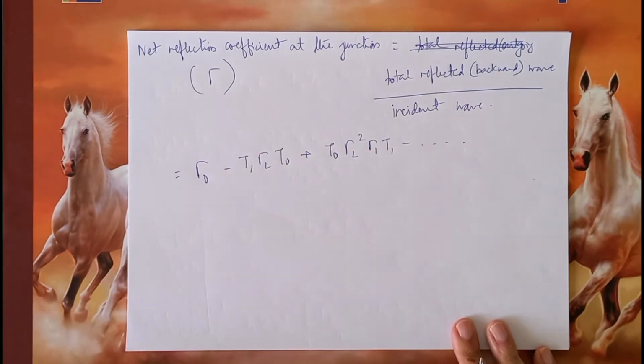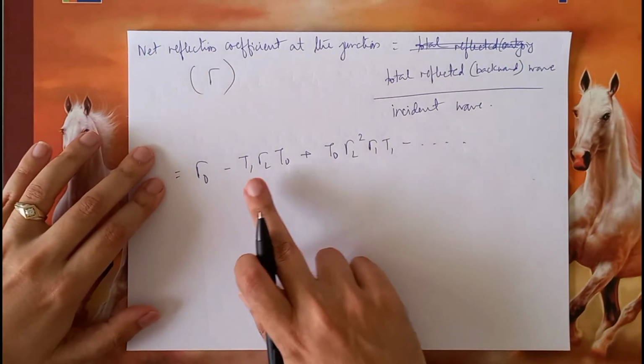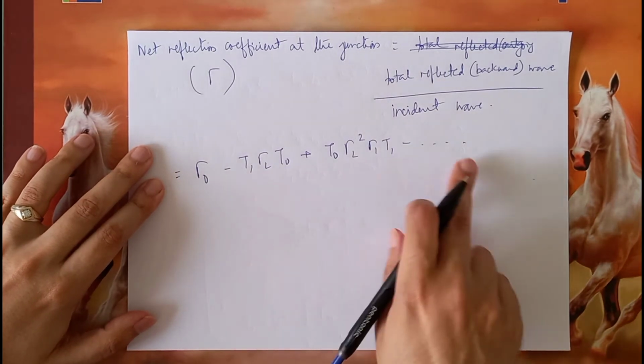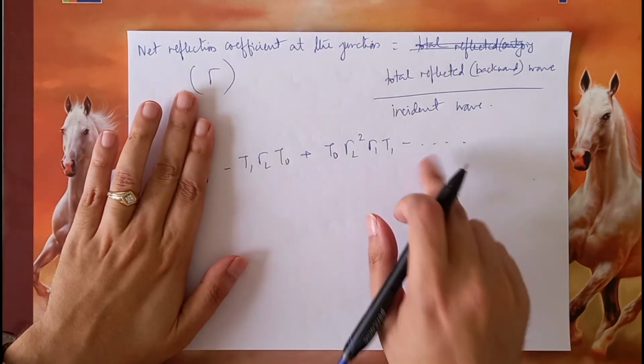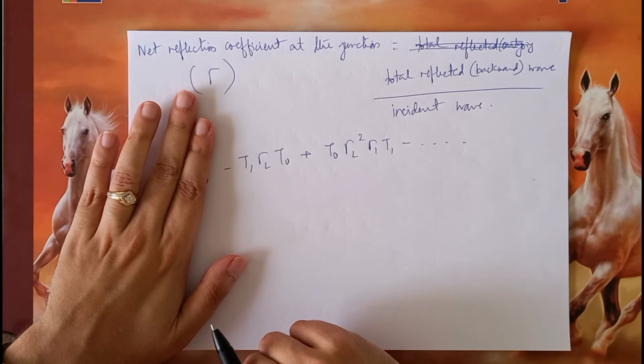So every alternate term will be positive, every alternate term will be negative. So you can take a look at all these terms except the first one and notice something very similar.